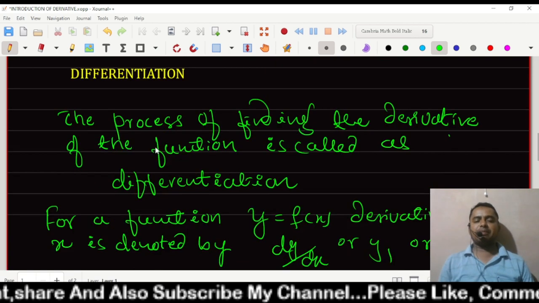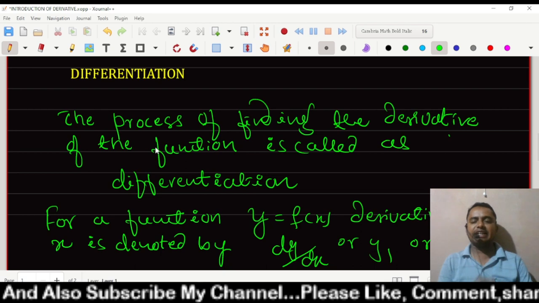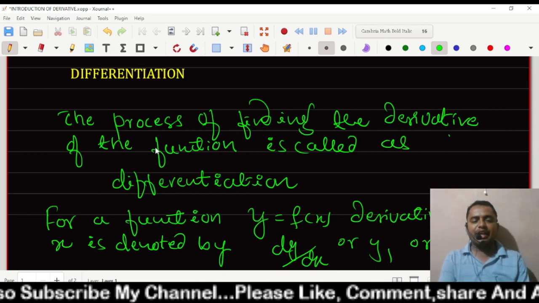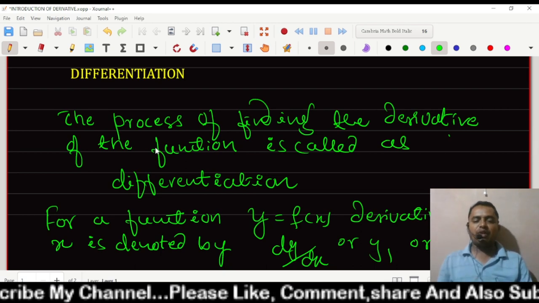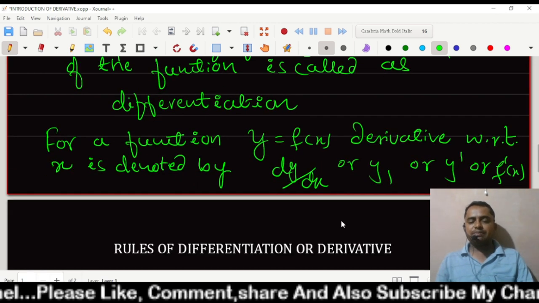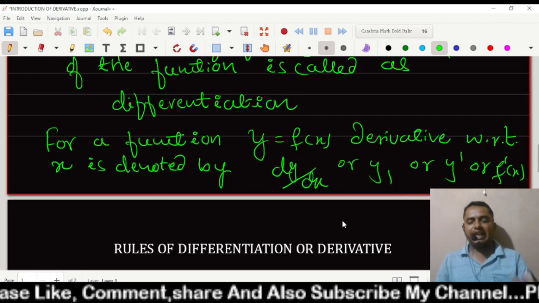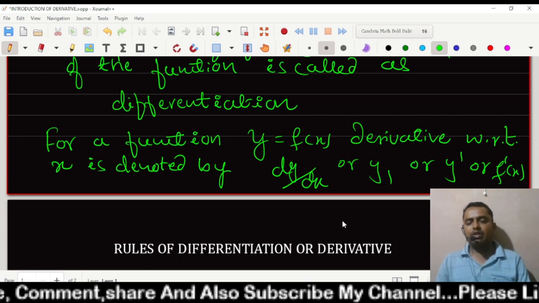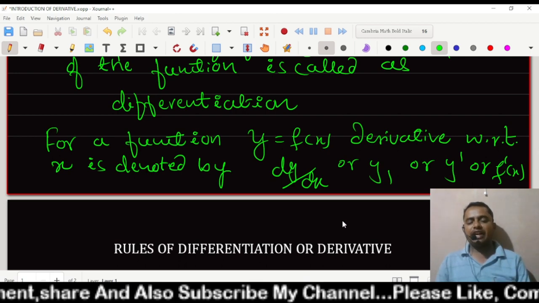So once again, the process of finding the derivative of the function is called differentiation. For a function y is equal to f of x, the derivative with respect to x is denoted by dy by dx or y1 or y dash or f dash of x.